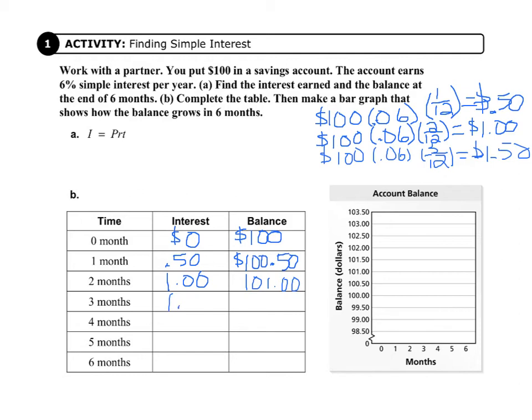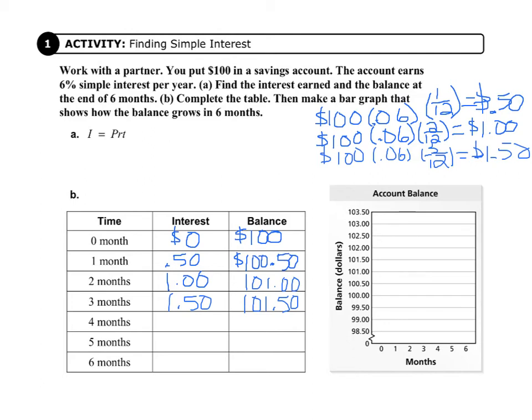So our balance is $101.50. And we complete the process over and over again.